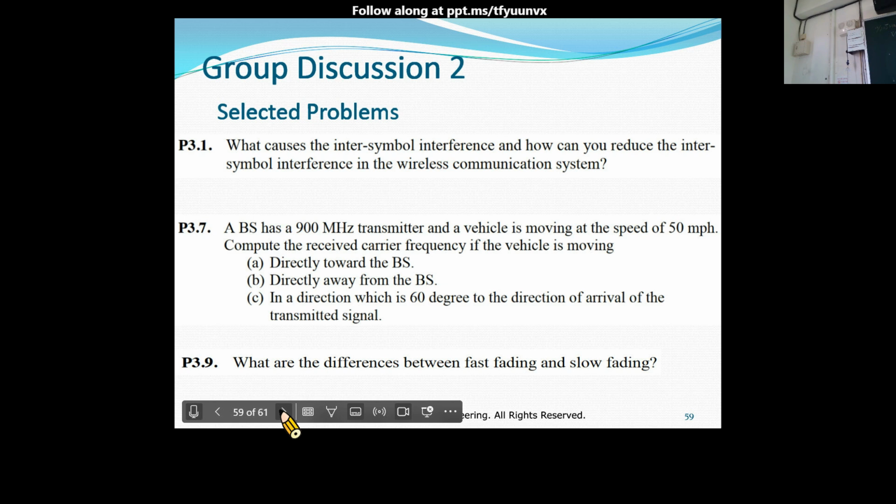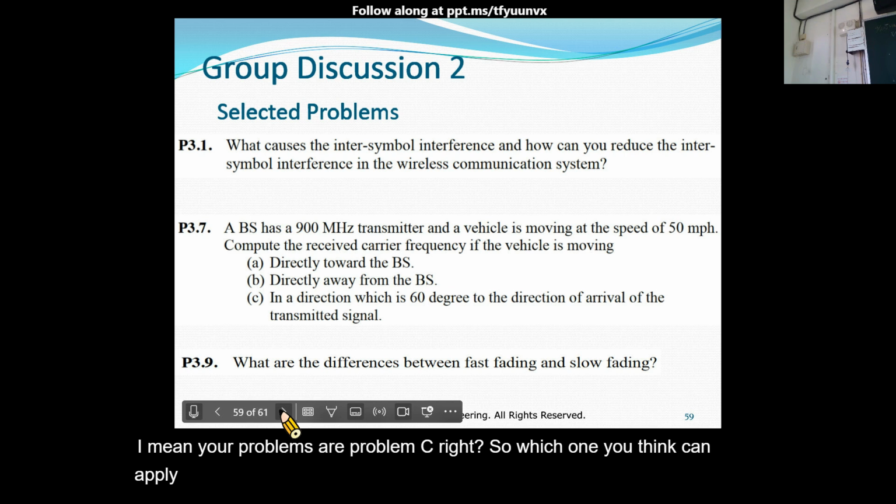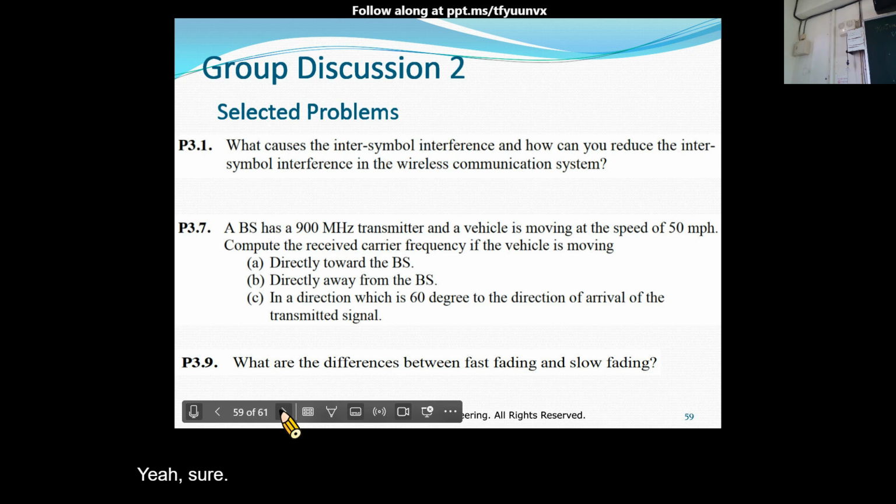So actually for this one, you can have the formula. I mean, your problem, sub-problem C, right? So which formula do you think can apply to the current problem? Yeah, sure. That's true. And how to apply it, check it.